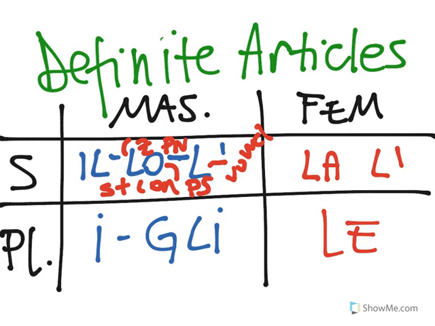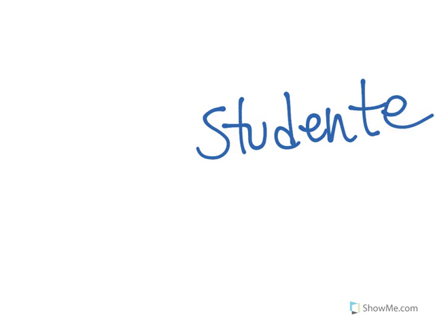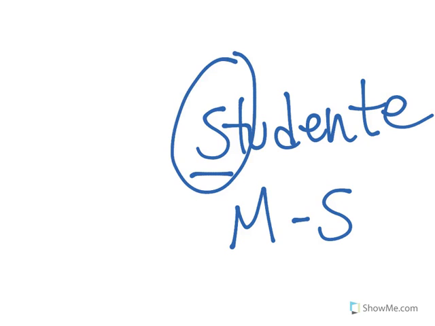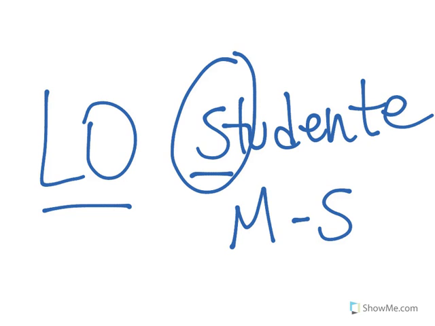Let me make some examples. If we have the word studente, that means student, this is a masculine and singular noun. But this masculine and singular noun starts with S plus consonant, so we cannot use the article il, we will have to use the article lo.